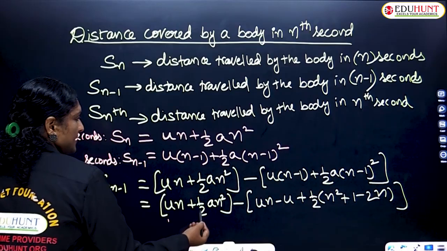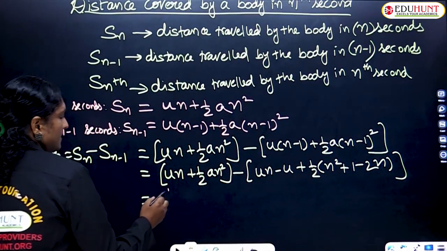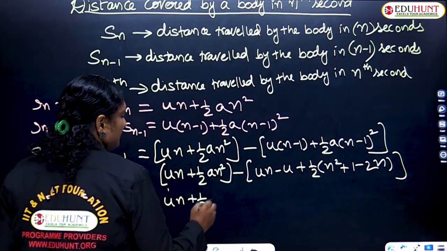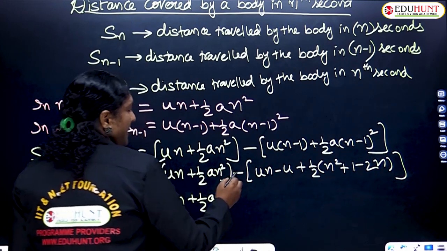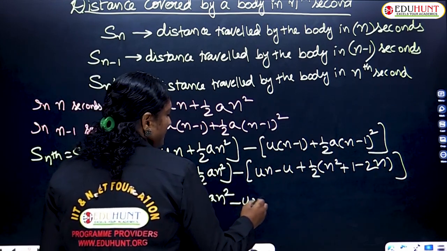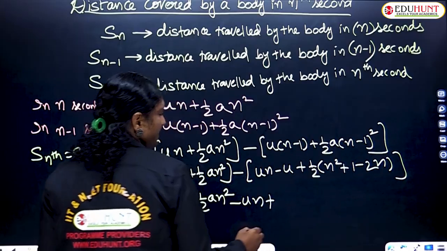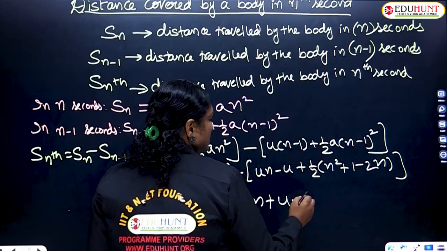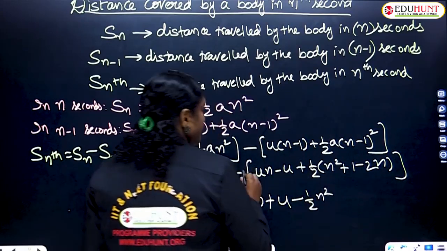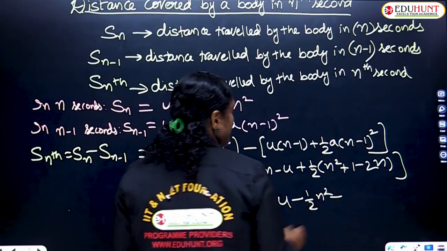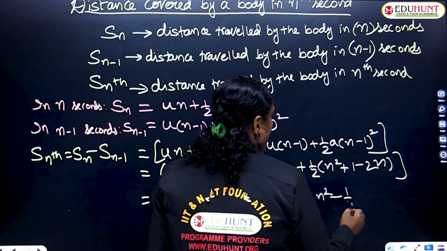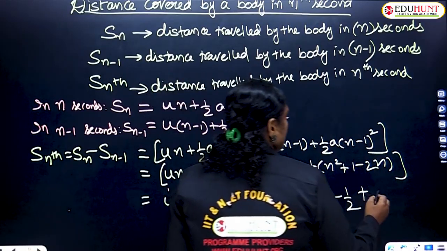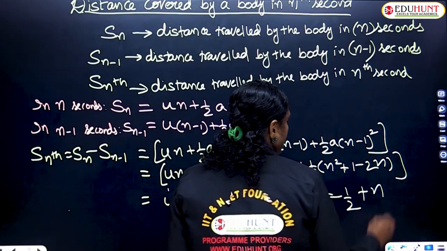Now let us try to open the brackets, children. Then you are left with un plus half an square minus, take it inside, minus un. This minus and this minus will become plus u; minus and plus will become minus half into n square, is minus half n square; minus and plus is again minus half into 1, is half; and again minus and minus is plus half into 2n, 2 gets cancelled, this will be n.